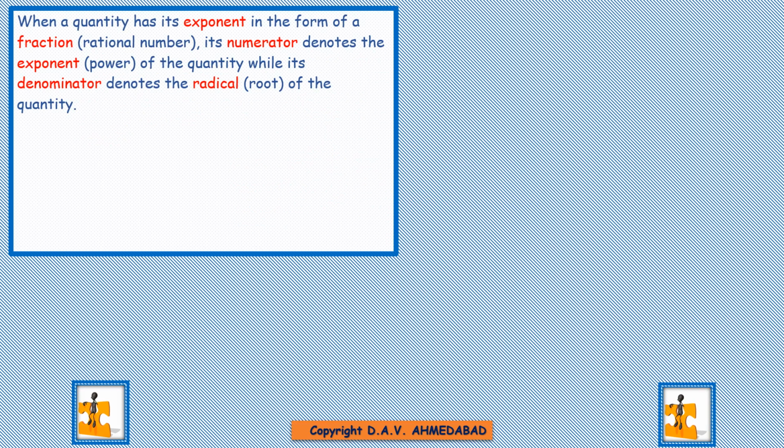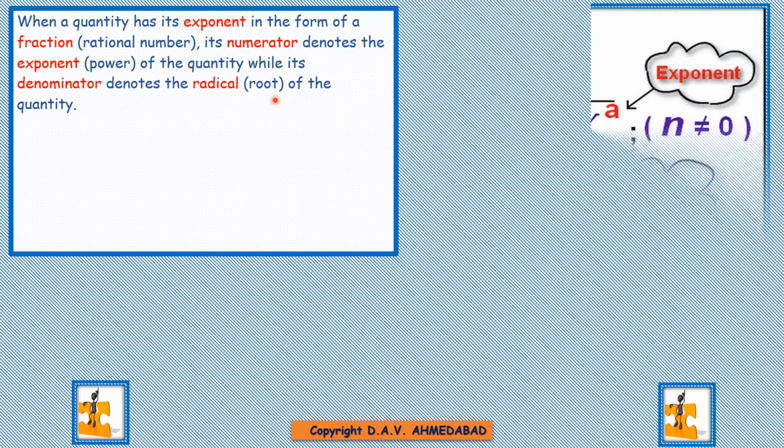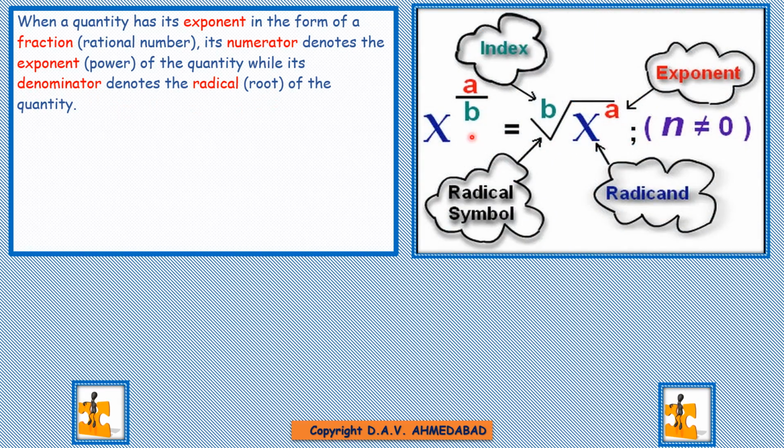Children, this is a new concept for you, so please focus. When a quantity has its exponent in the form of a fraction, then its numerator denotes the exponent and denominator denotes the radical. Focus here. Say we have x raised to the power a by b.